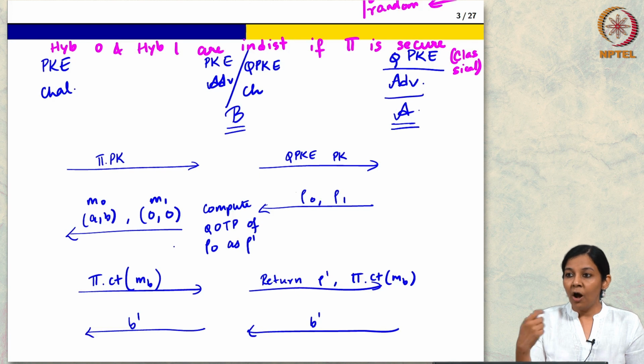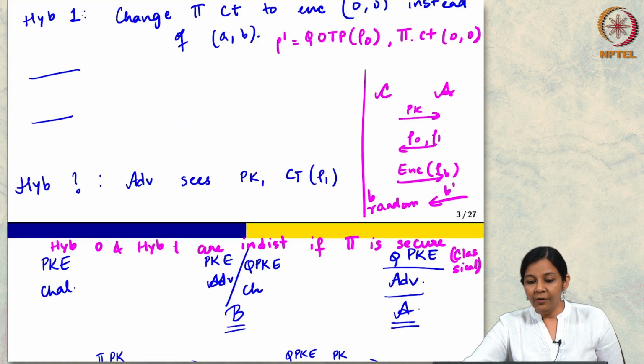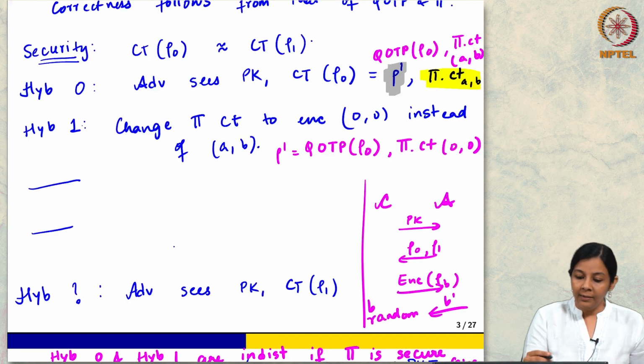It is because I can generate the other parts of the distribution simply by using what the PKE challenger is giving me. Is it fine? Therefore, hybrid 0 and hybrid 1 are indistinguishable.